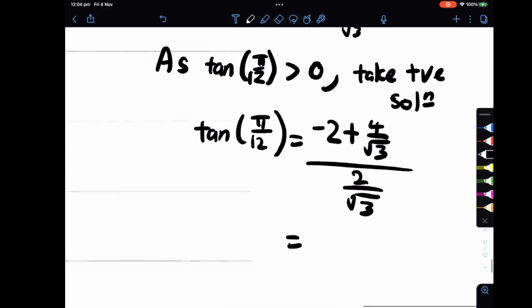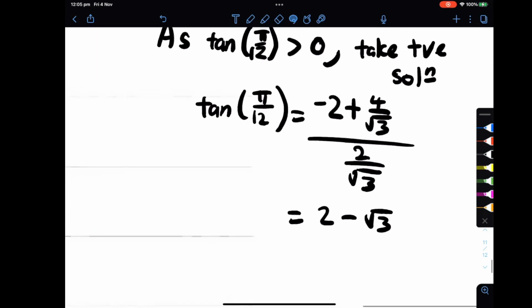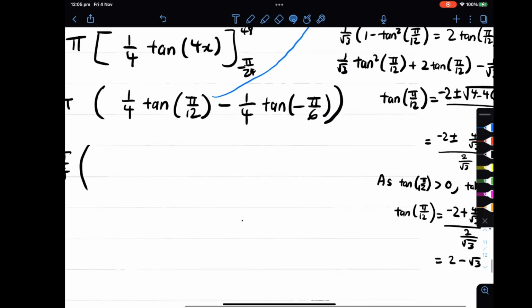If we multiply the root 3's through, we're going to get 4 minus 2 root 3 over 2, which is just 2 minus root 3. That's a bit annoying, but we have to do that.